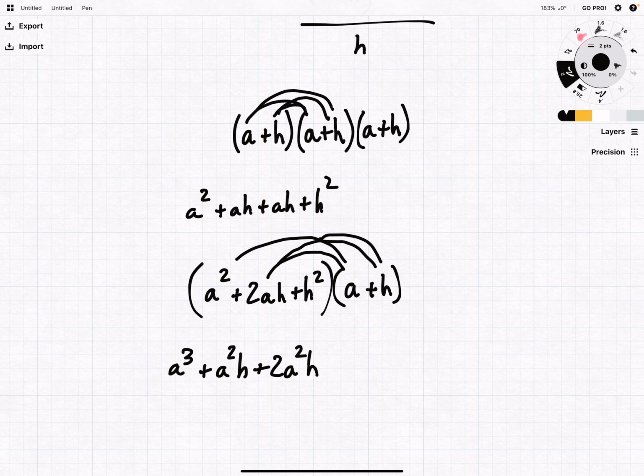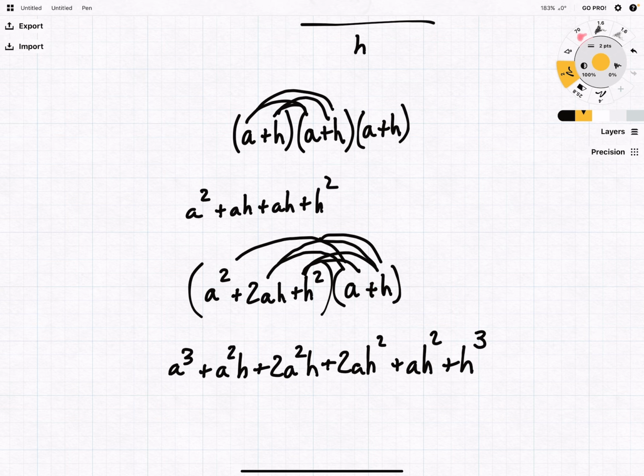plus 2ah squared plus a squared h. Oh, sorry, ah squared plus h cubed. And so we see that we have some like terms.